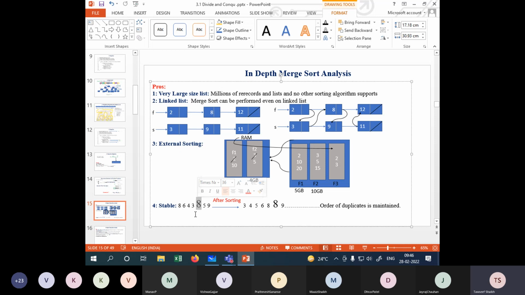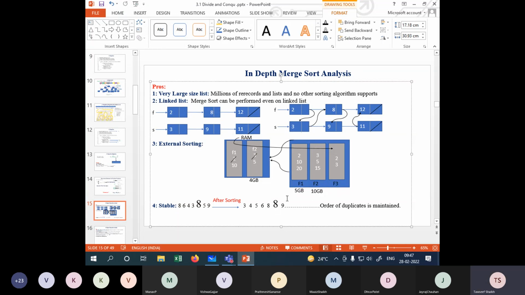The next 8 means that the 8 is repeating. There is a duplication in the data, duplication in the student records. So when I sort this array, my result should come like this. Since this small 8 was coming before this large 8, after sorting this small 8 should again come before this large 8. Since both are equal, I have only changed its font size.